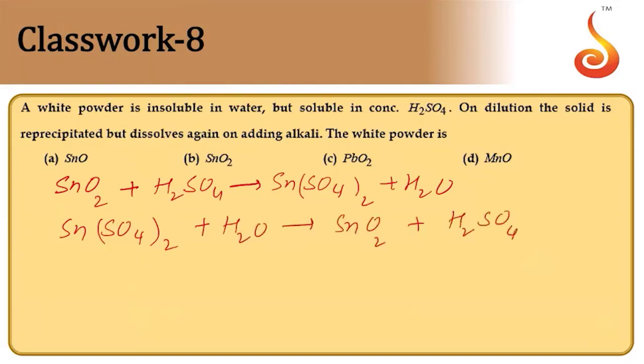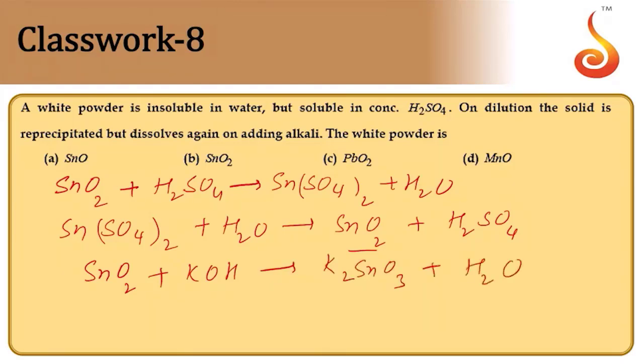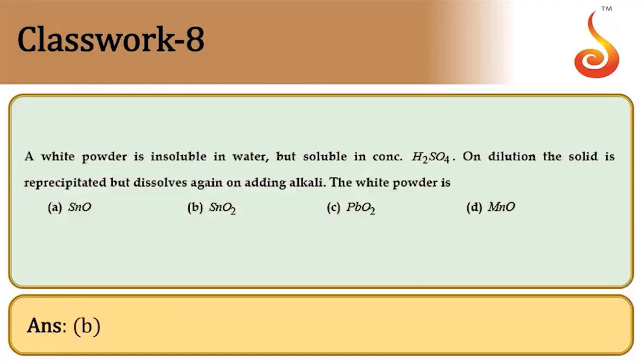So reprecipitation takes place. If we add alkali to SnO2, stannate formation takes place, that will be K2SnO3 plus H2O. So it dissolves again in the potassium hydroxide. So the option is SnO2 being formed here. That is, option B is the answer.